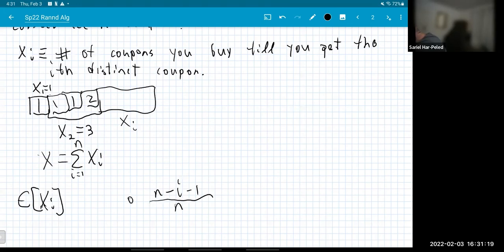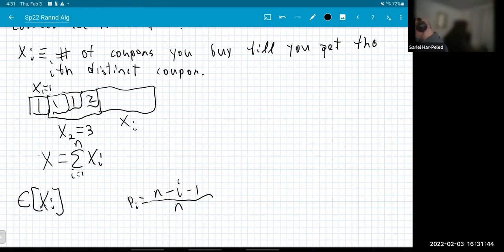As such, the probability of success is this. Okay, let me try to repeat this. The i-th era begins when we have i minus 1 different coupons. And now the probability that I buy a new coupon is exactly the number of coupons that I don't have, since all the coupons have the same probability.